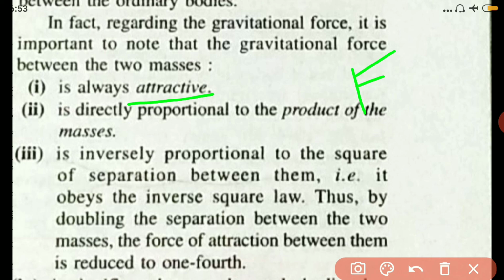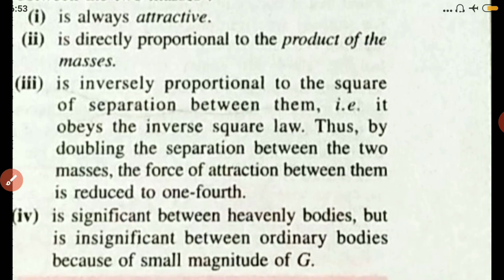I'll show you this when we are doing the numerical problems. How does it become 1/4? Next, number 4, it is significant between the heavenly bodies but insignificant between ordinary bodies because of the small magnitude of G. The value of capital G, the gravitational constant, is very less.